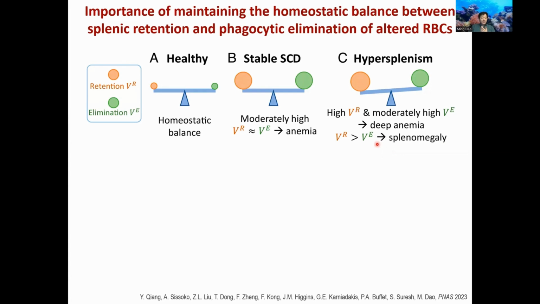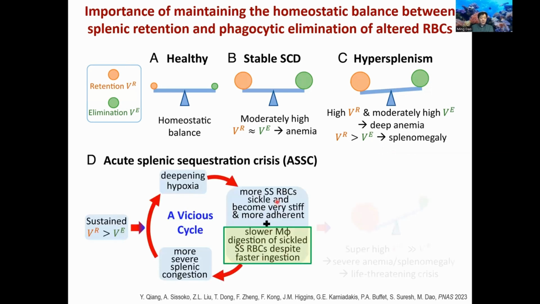But when this situation persists, it could trigger a vicious cycle. A sustained accumulation of red cells in the spleen can cause worsening hypoxia, and then more sickle cells get sickled and become very stiff and more adherent.